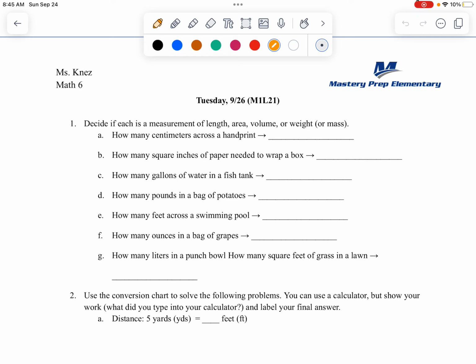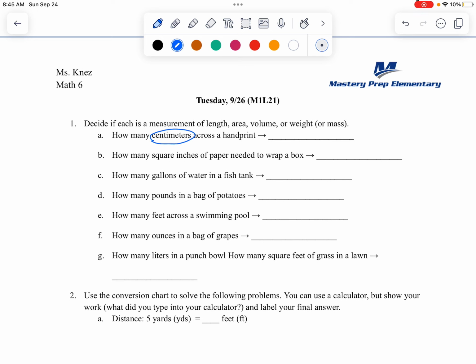In the first question, you're simply being asked to decide if each is a measurement of length, area, volume, or weight/mass. For example, in question A, it says, how many centimeters are there across a handprint? We're using centimeters, and we know that centimeters is how long something is.